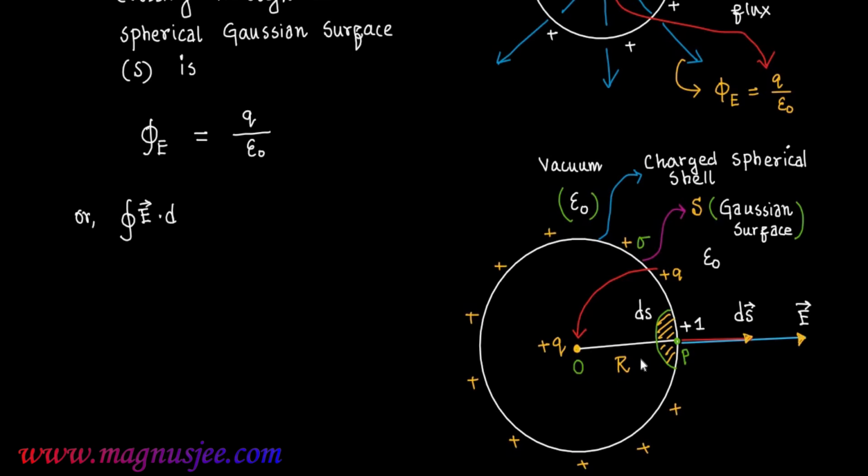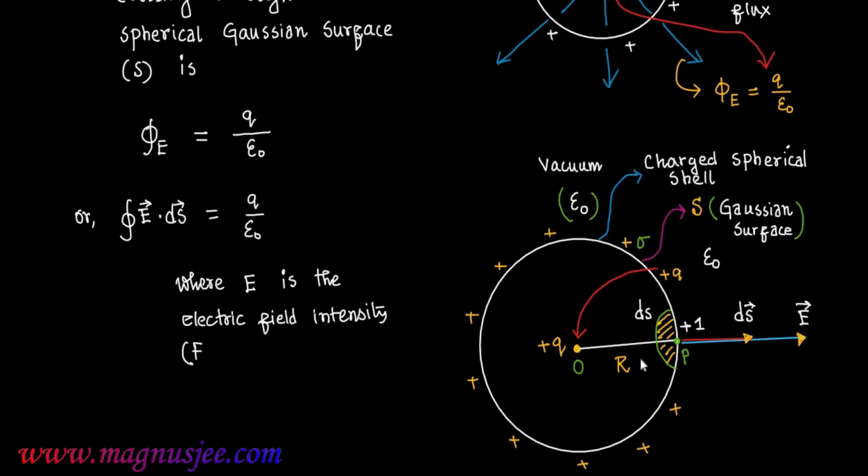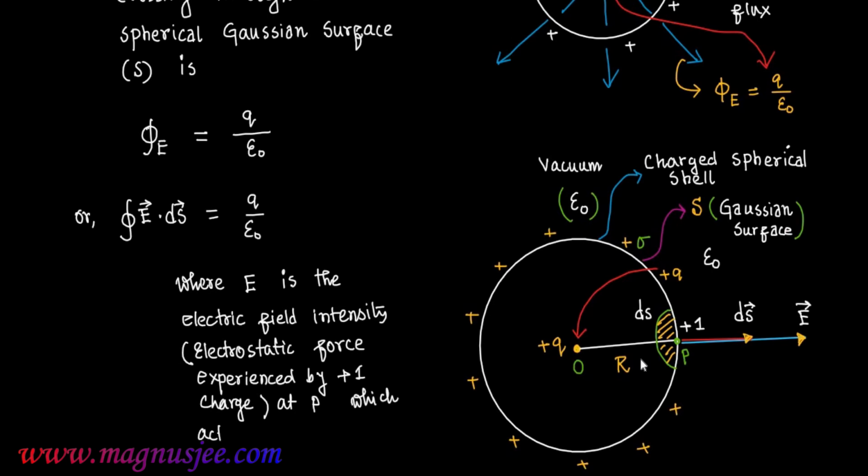Or closed integration of vector E dot vector ds is equal to Q divided by epsilon 0, where Q is the charge on the spherical shell and it is also the charge enclosed by the spherical Gaussian surface, where E is the electric field intensity, that is the electrostatic force experienced by plus 1 charge at the point P, which acts radially outwards.